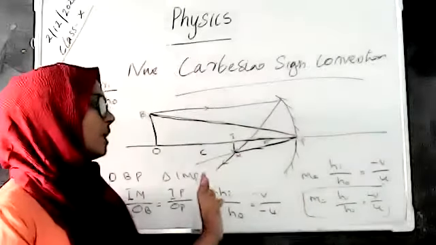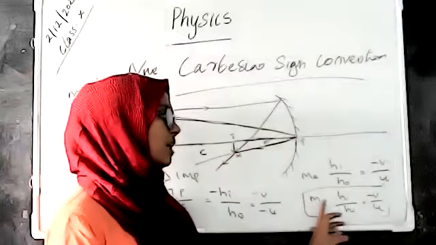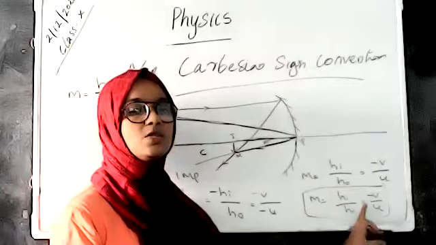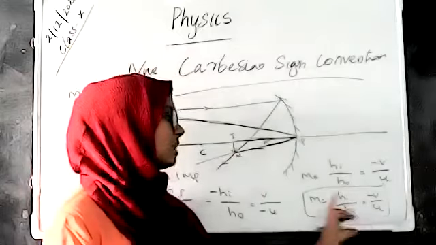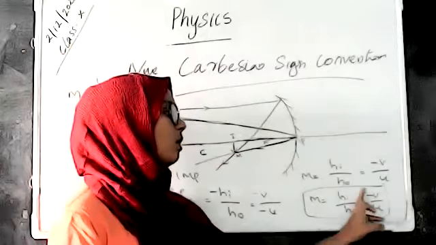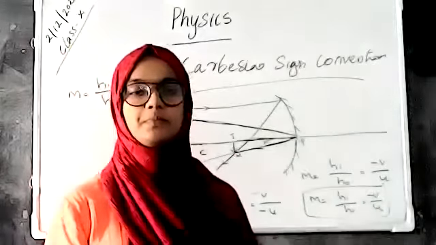So the relation between magnification, the heights of the image and object, and the distances of image and object is M is equal to HI by HO is equal to minus V by U.